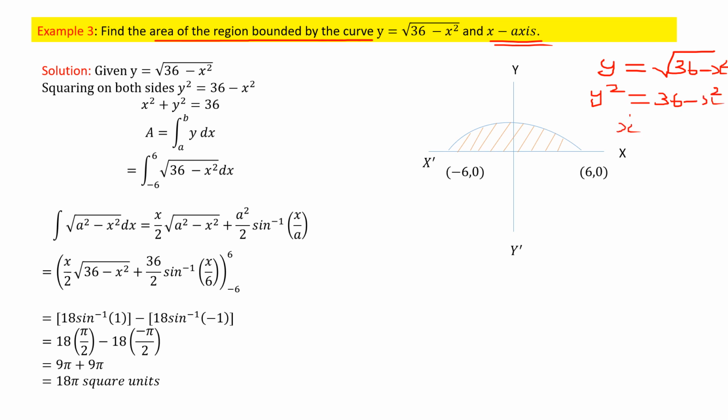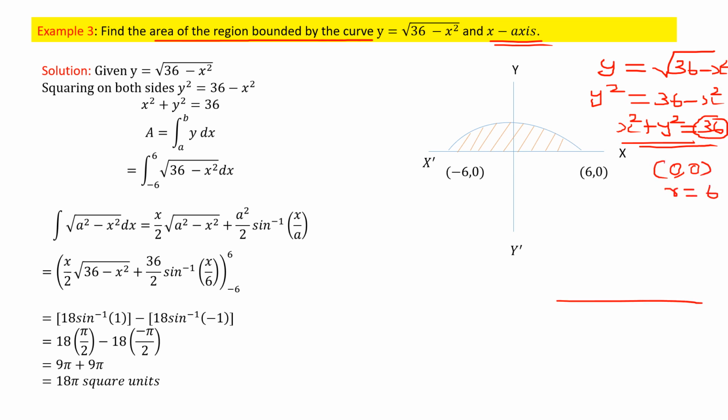By rearranging this, I will get x to the power 2 plus y to the power 2 equal to 36. In lower classes, we have learned that this is a circle equation with center 0, 0 and radius r. What is the value of r here? The value of r is 6. So this is a circle with center 0, 0 and radius r equal to 6.